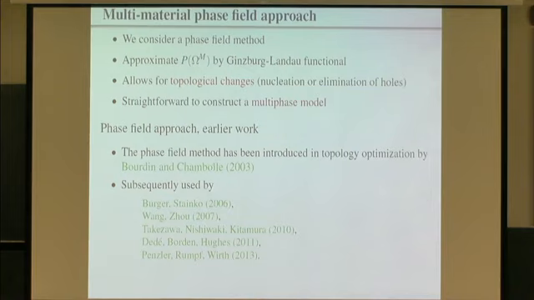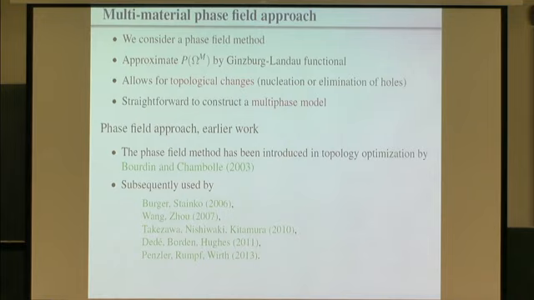Phase field models have been used for quite some time to solve such problems, so for single material optimization. In particular, introduced by Bourdin and Chambolle in 2003, and subsequently used by the following authors.